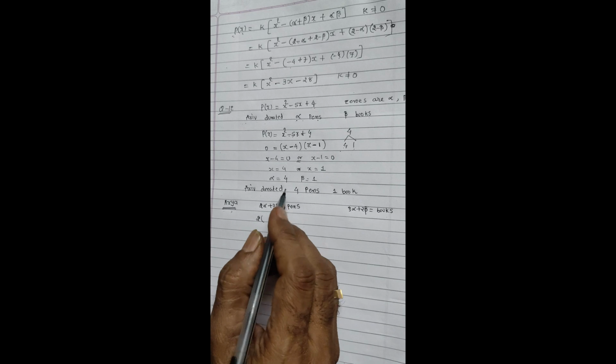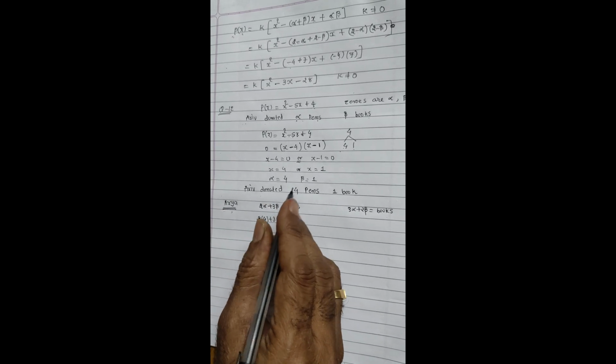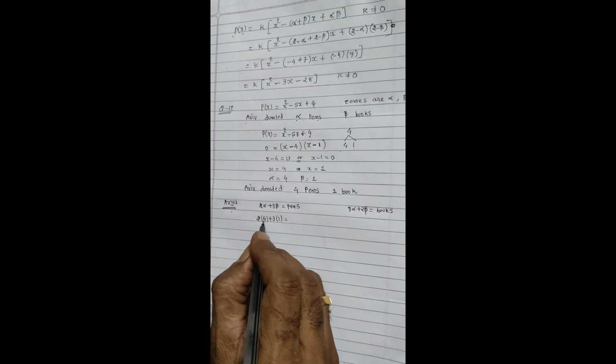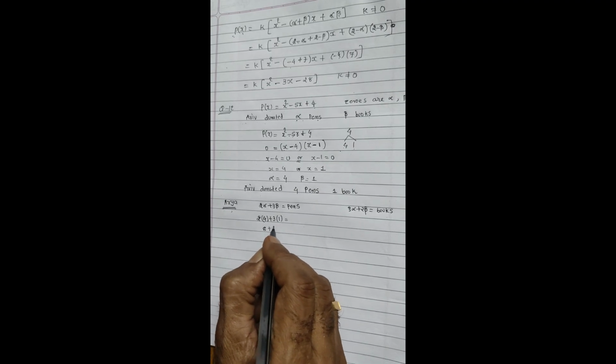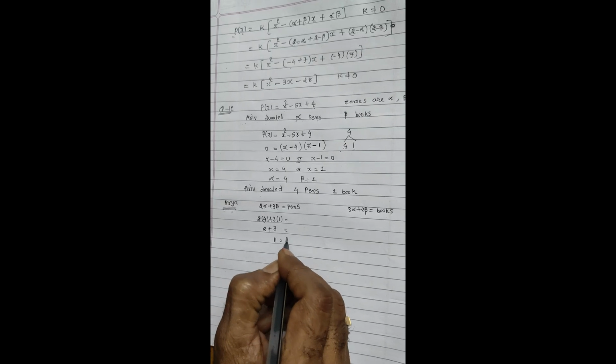So the value of alpha is 4 and the value of beta is 1. 2 4s are 8, 3 1s are 3. So 8 plus 3 is 11.